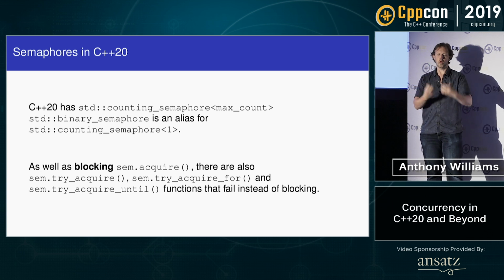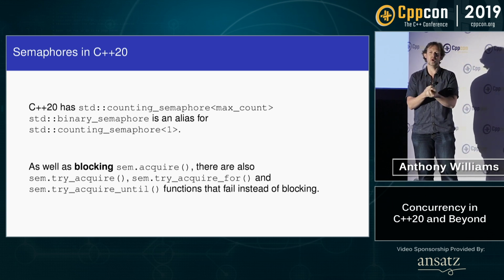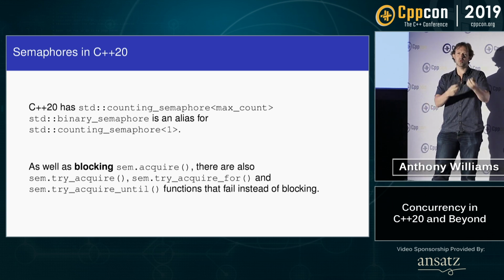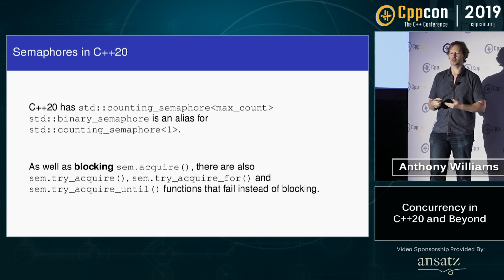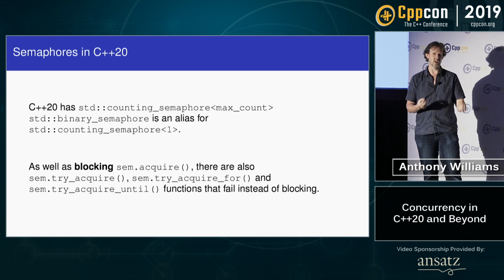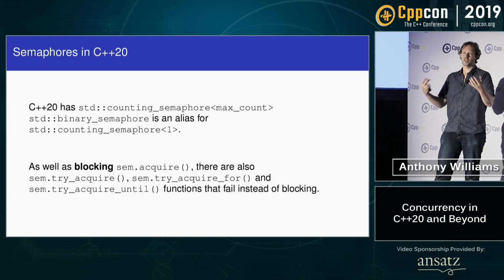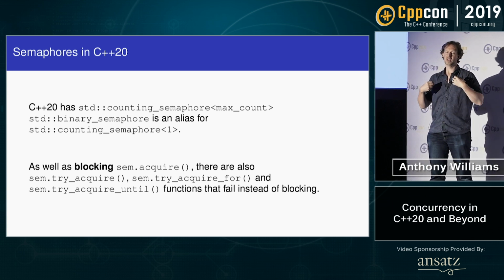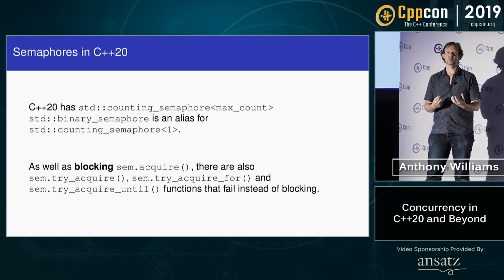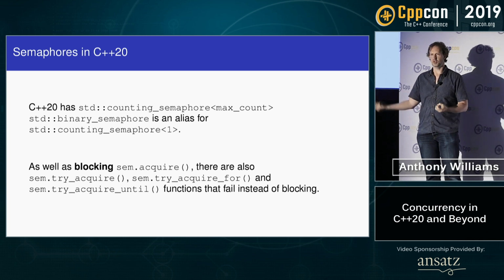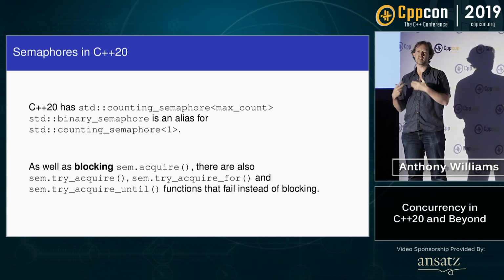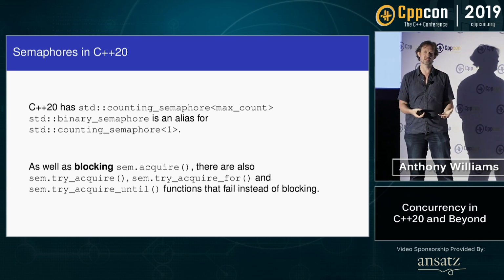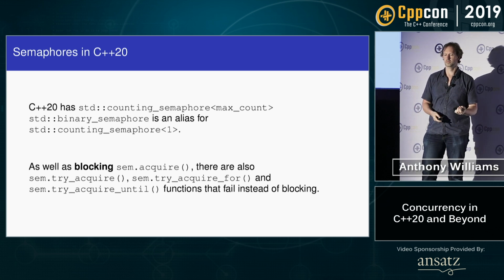And as well as blocking with the acquire member function, we also have try_acquire, which will fail if it can't acquire it, and try_acquire_for and try_acquire_until, which in the usual tradition of the concurrency library, wait for a specified duration or until a specified time. And again, they return false if they can't acquire the semaphore and true if they succeeded.